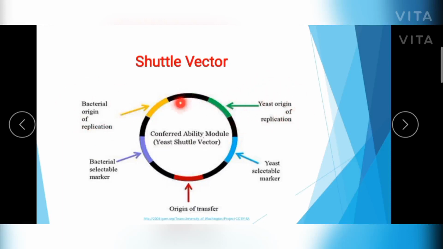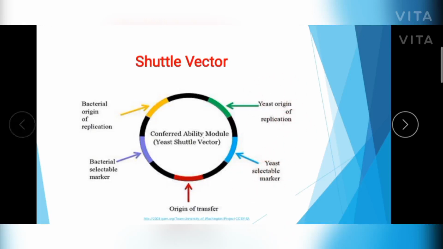So when you use this vector in yeast, it also replicates because it has the yeast origin of replication, a yeast selectable marker, and a bacterial selectable marker. Like this, the shuttle vector has the capacity to replicate or propagate in two different host cells because it contains the genes necessary for propagation in both cells.